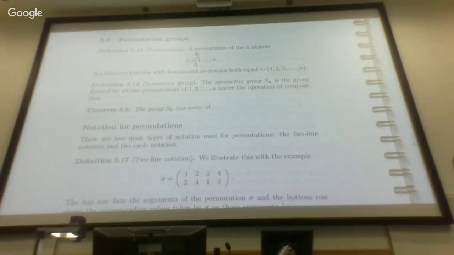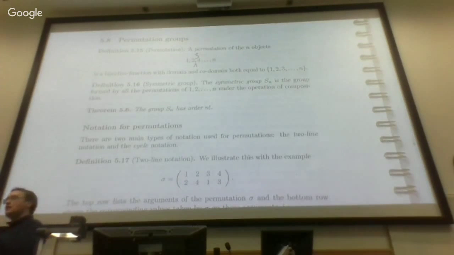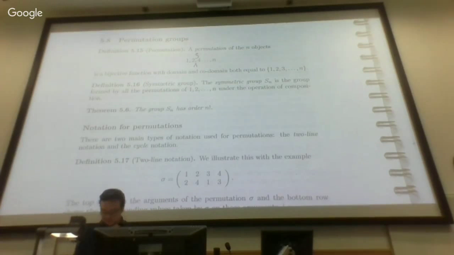The symmetric group with index n is the set of all permutations on n objects, so all bijective functions from the set of elements 1 to n to themselves, under the obvious operation when you've got functions, composition of the functions.